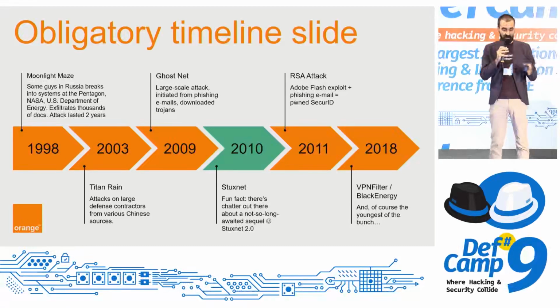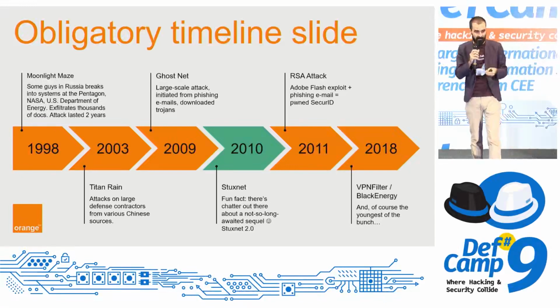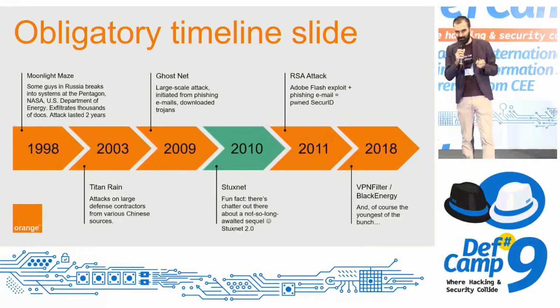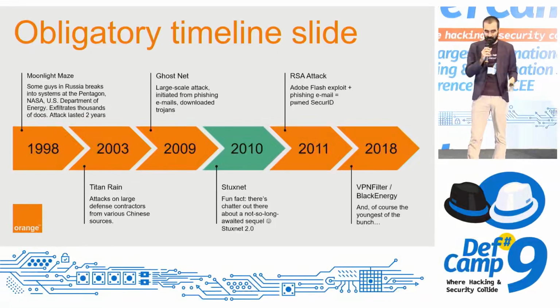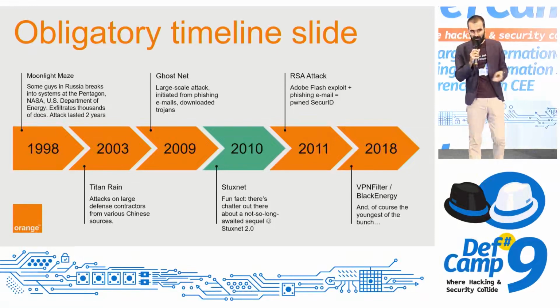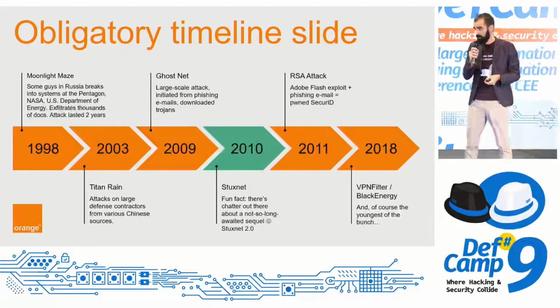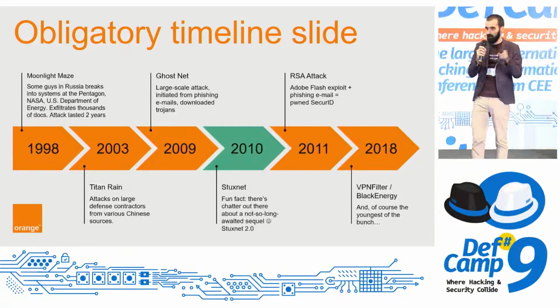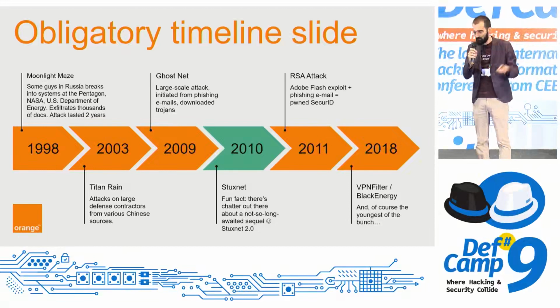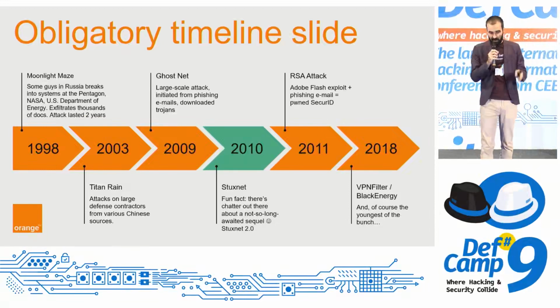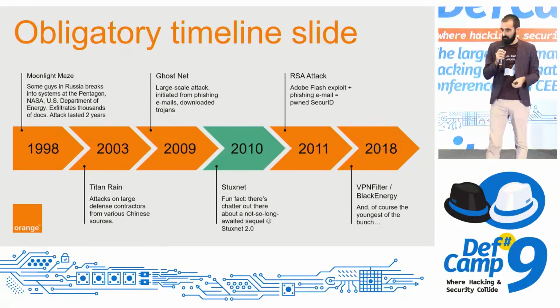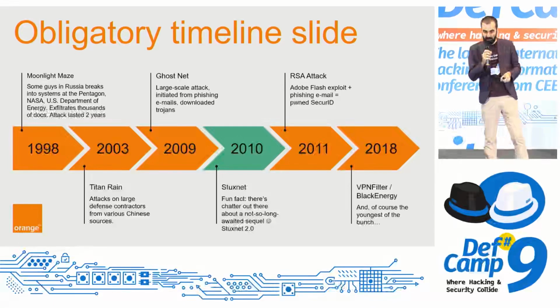Some guys in Russia break into systems from the Pentagon and NASA and the US Department of Defense, and they exfiltrate thousands of documents for nearly 2 years in a row. Then you have Titan Rain, with various Chinese sources attacking some large defense contractors, the people that build rockets and stuff. And you have your GhostNet, your Stuxnet, with the Iranians and the nukes.